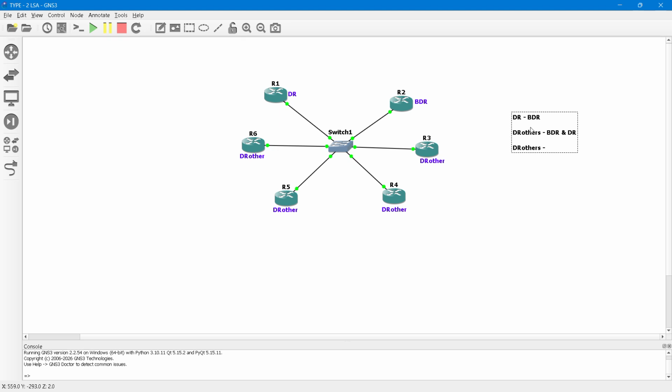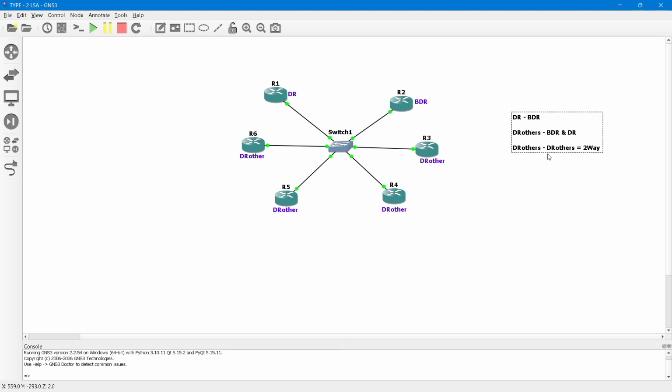As you saw, they will make adjacency only with the designated router and the backup designated router. But with other DR others, they will not make adjacency, but they will make neighborship, or we can say they will be in a two-way state.